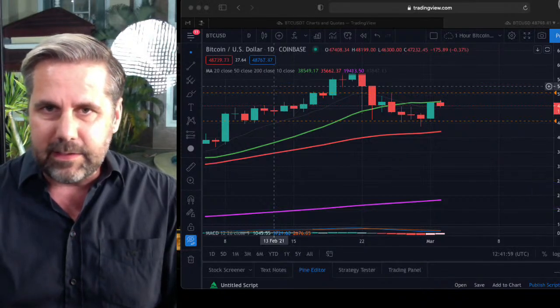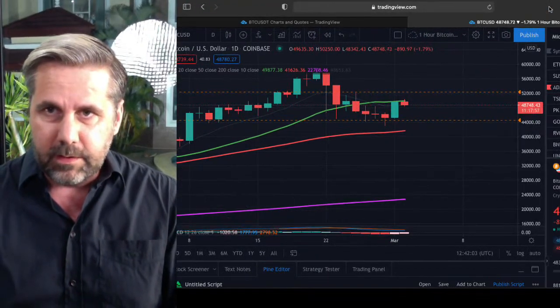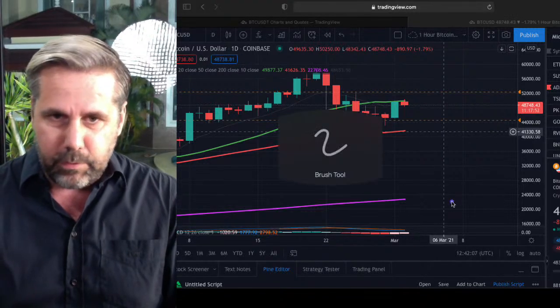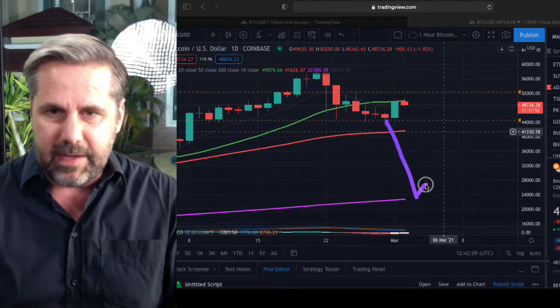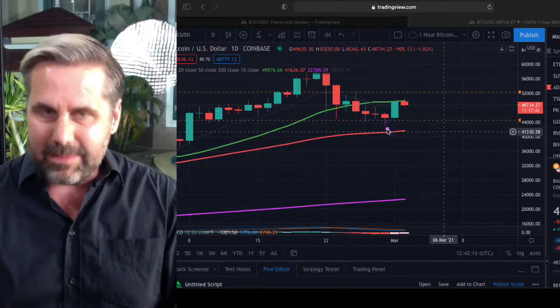Now, you can't see it. Let me move this just a little bit here, okay? So that would not be good if it went all the way down, because then it has a long recovery time.